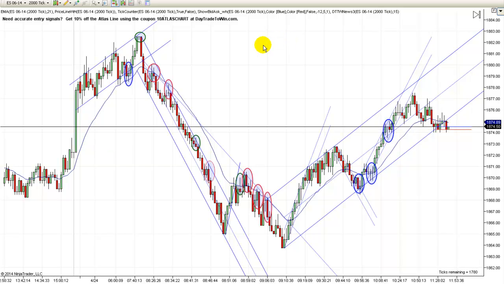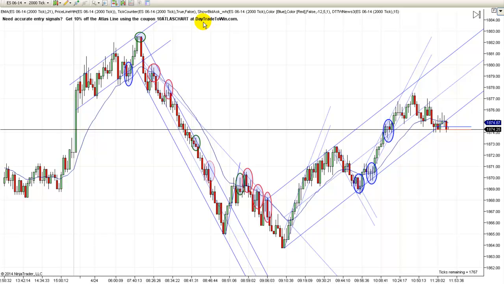But I did notice something that I didn't notice. You can see right here, evidently there's some advertising in it. Not a big deal, but I did get some advertising today. So I'm not advertising this guy. I don't know who Atlas Lines are or anything. It's at daytradetowin.com.